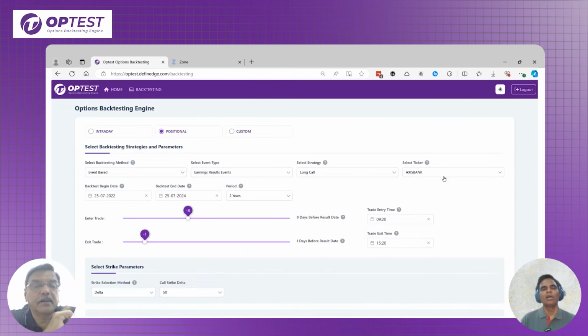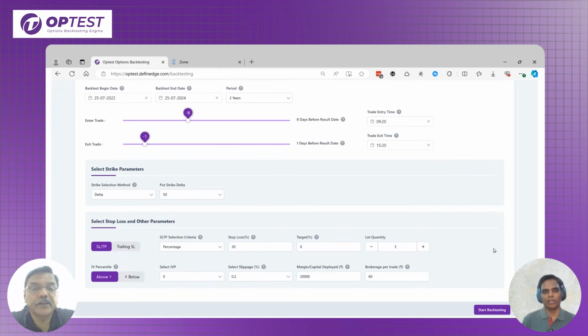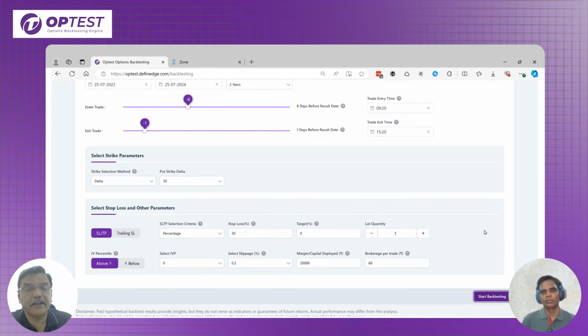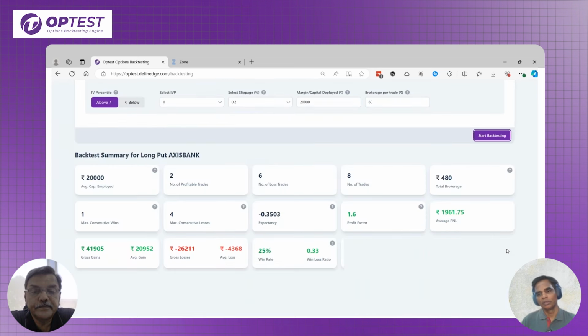Just to interrupt, we'll show it also. A long call not having worked doesn't mean a long put would not have worked. Maybe you can show that also. Yes, exactly. It may or may not work, we are not sure, so it's not necessary that it will work. In this case, it has worked.